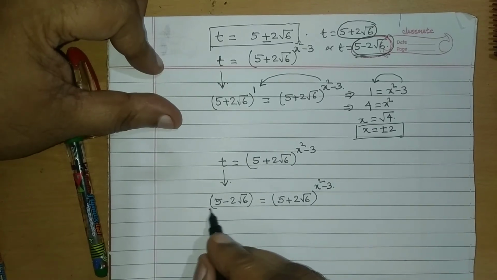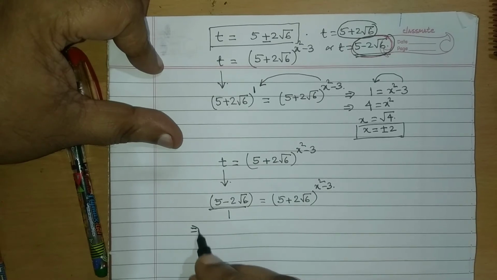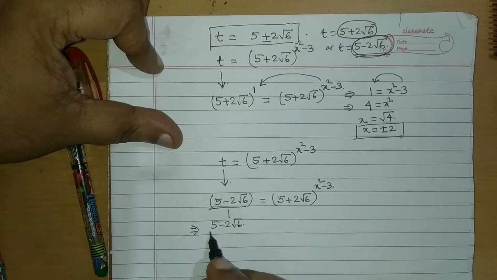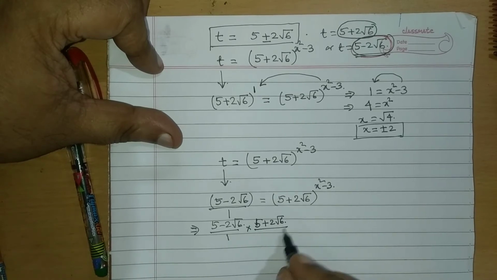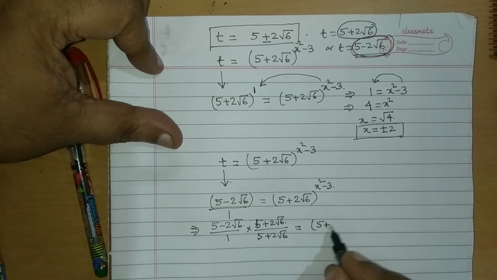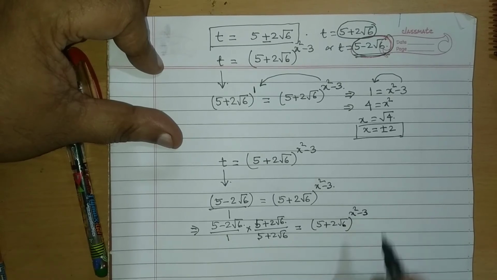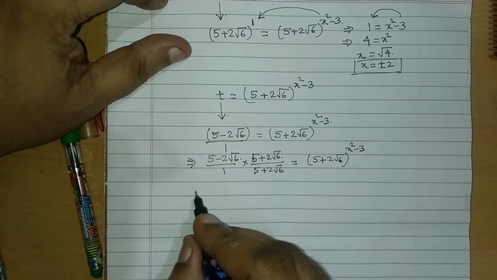So here, if nothing is here, we have to rationalize. We will just rationalize over here. 5 minus 2 root 6 divided by this, and this is 5. You will multiply here 5 plus 2 root 6 in the numerator as well as in the denominator. So you will get 5 plus 2 root 6 to the power x square minus 3. So I think up to this you are understanding.